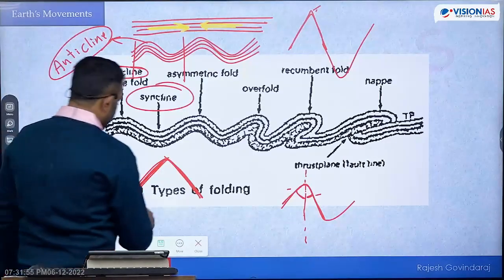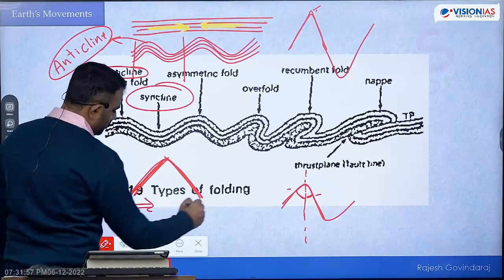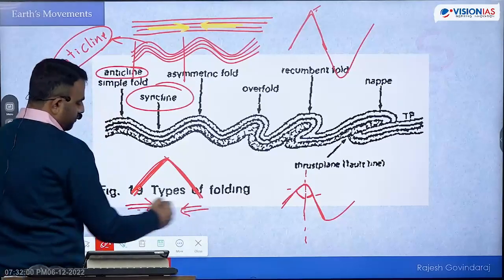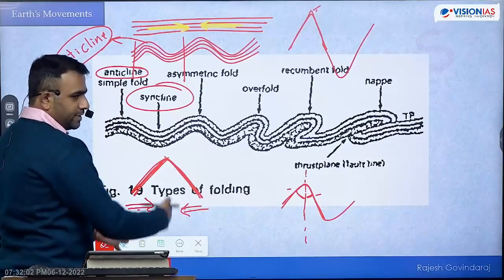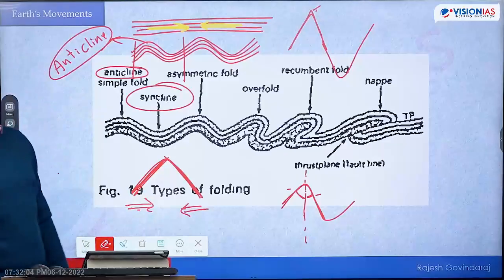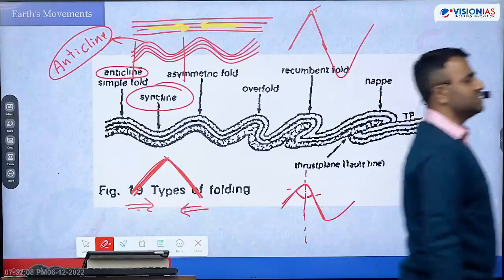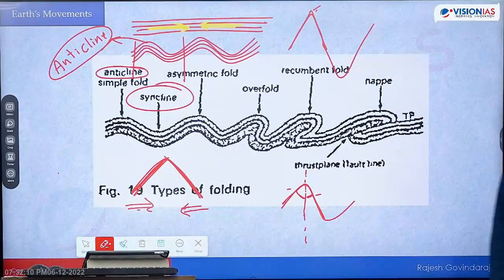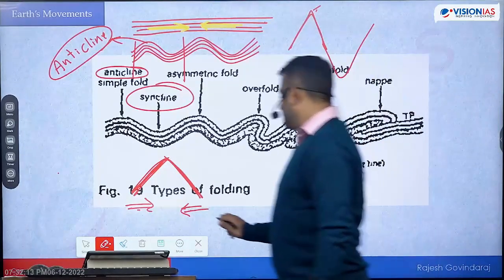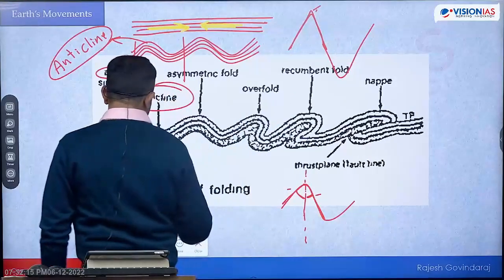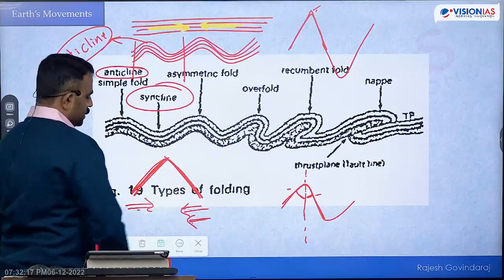But not every time will it be a symmetrical fold. For a symmetrical fold, the forces acting from both sides should be totally equal. Only when the opposite forces are totally equal does it result in a symmetrical fold, which is very rare. Usually from one end there is more force than the other, which results in more folding.